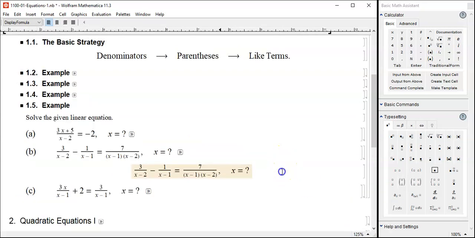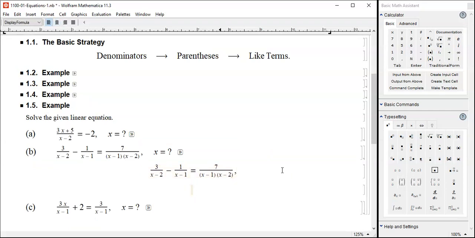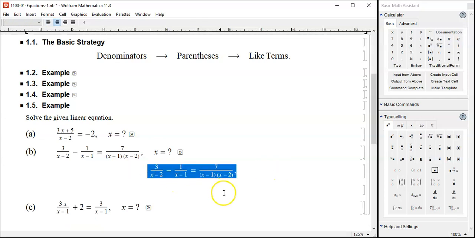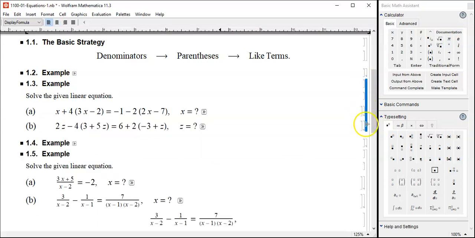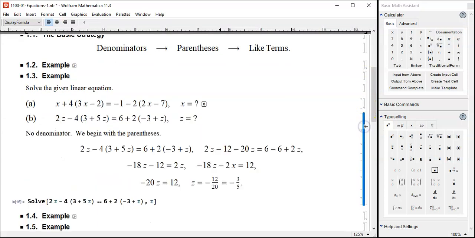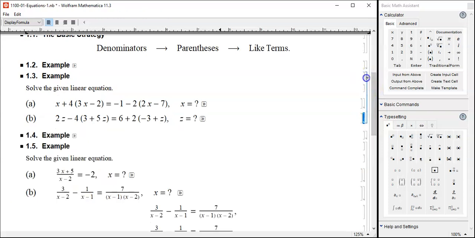Ready? Okay, all right, let's try that. Okay, let me open up, let's see, no, not this one, not this one.